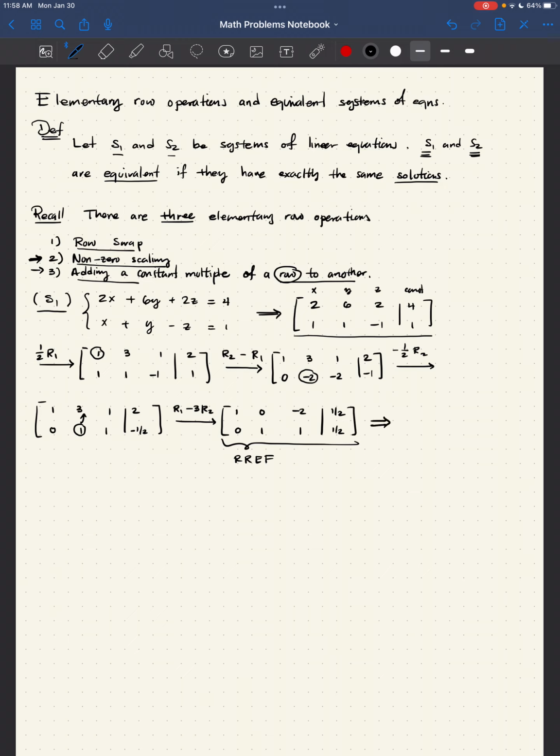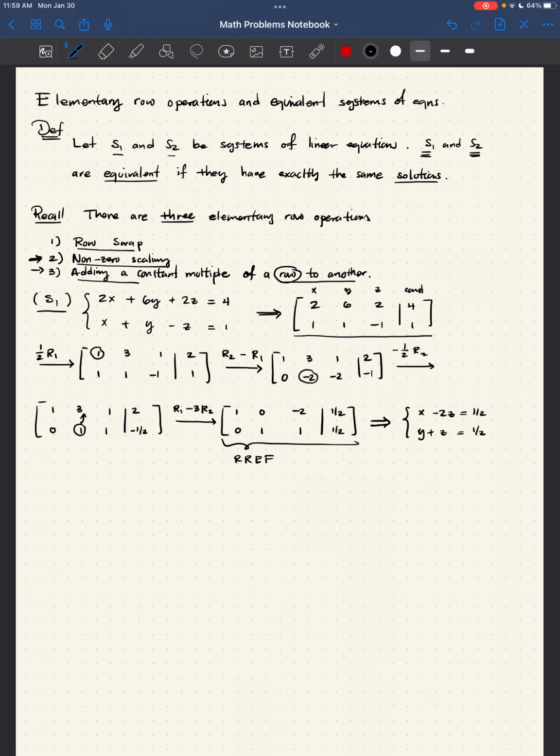We say, okay, well, look, whatever we have here is stated in this fashion. So I have x minus 2z is equal to 1/2. And I have that y plus z is equal to 1/2.